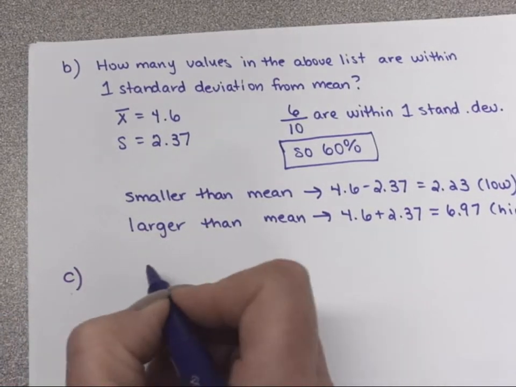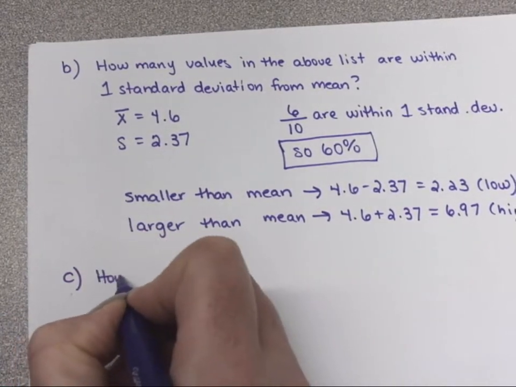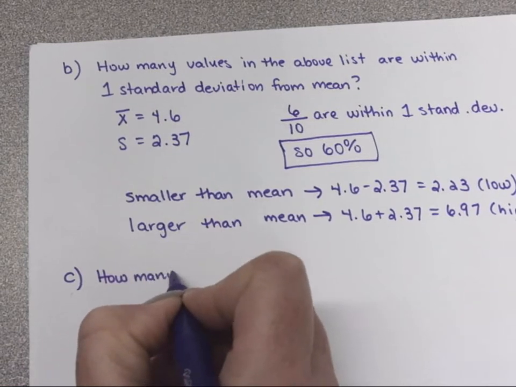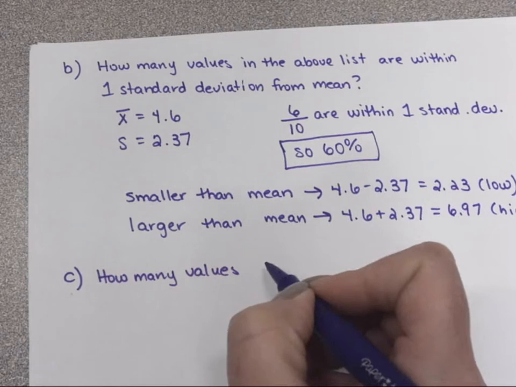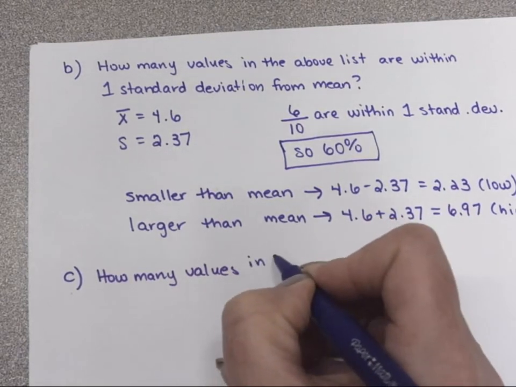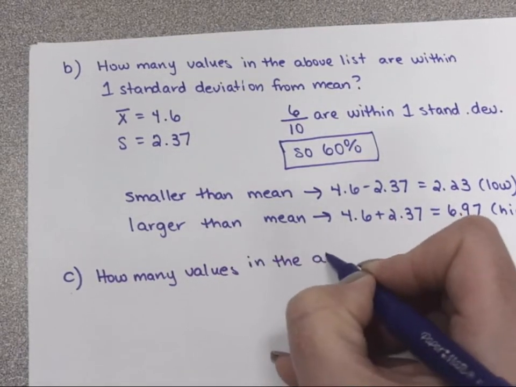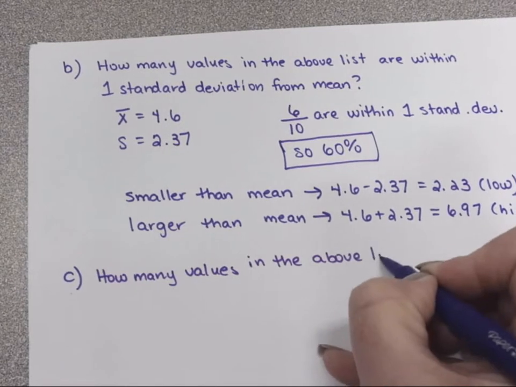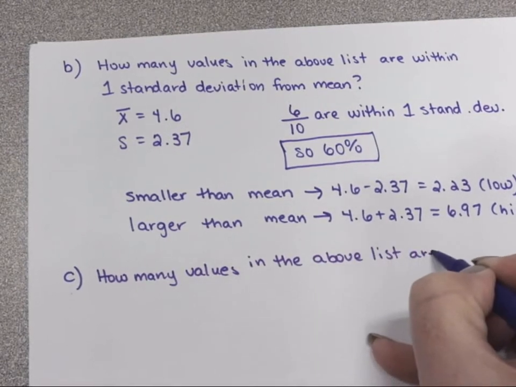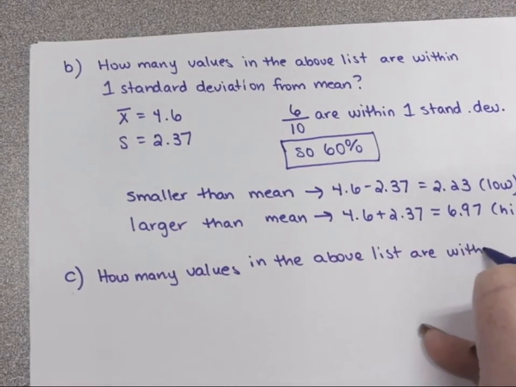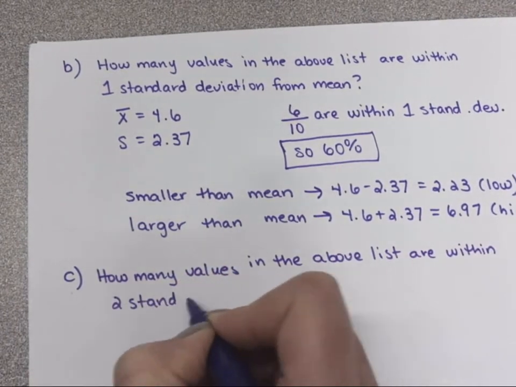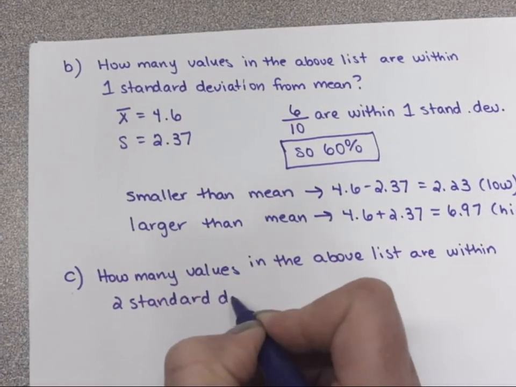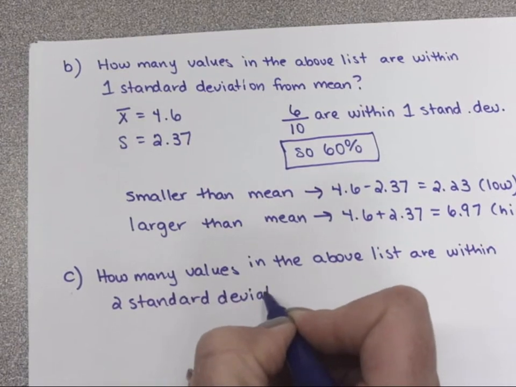So let's take that same logic, and I want you to tell me how many values in the list are within 2 standard deviations from the mean.